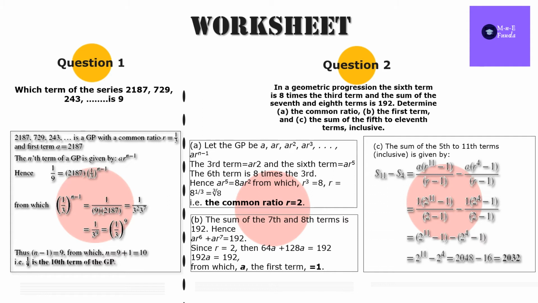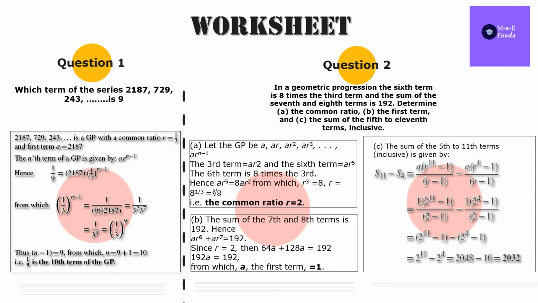We have to find out which term is 9. So here the first term, A equal to 2187, is given, and we can find the common ratio here, that is 1 by 3.